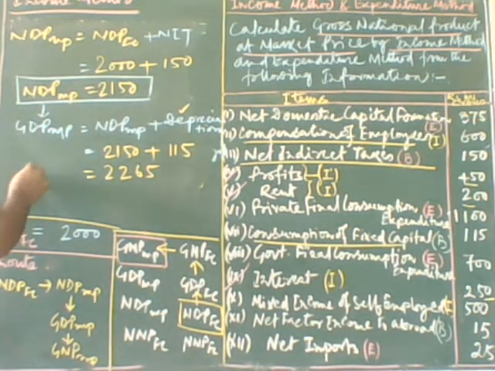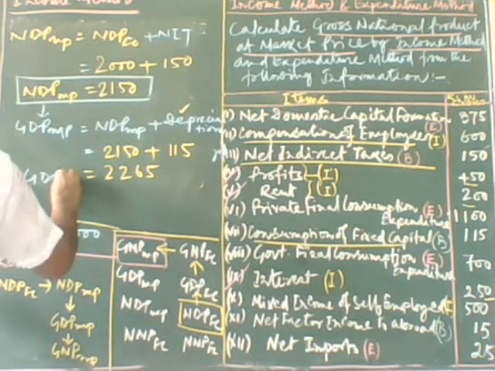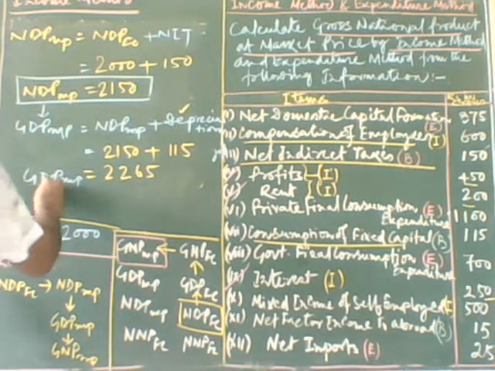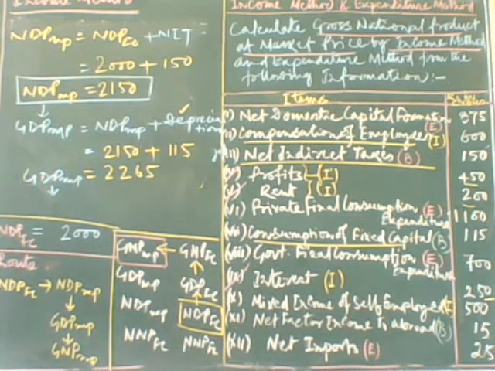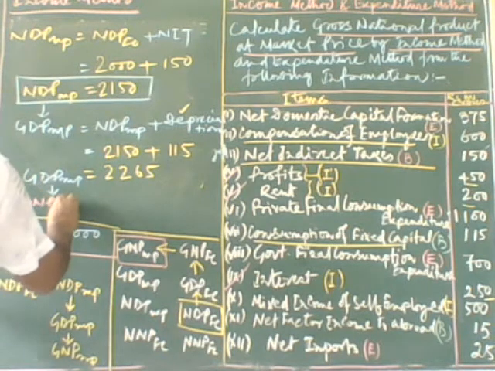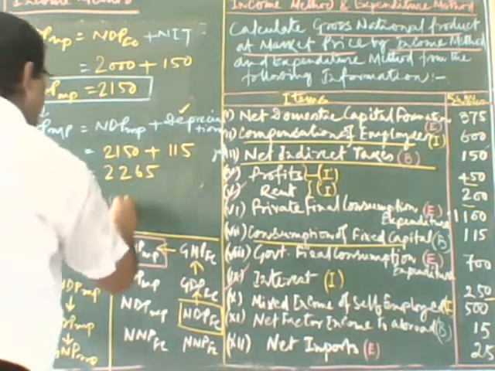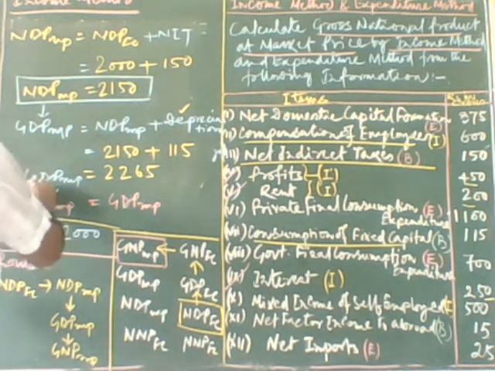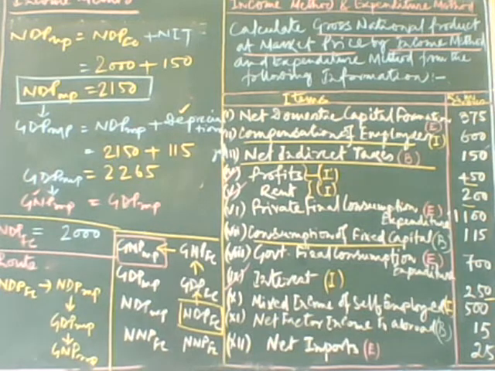Next, GDP market price is equal to 2265. From GDP market price, you have to calculate the value of GNP market price. So GNP market price is equal to what? GDP market price. Here the relation is national and domestic.